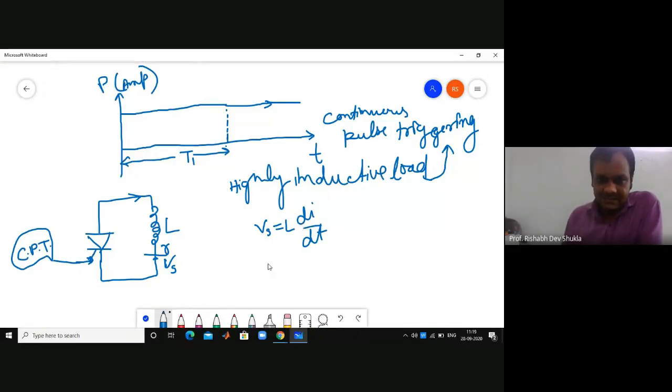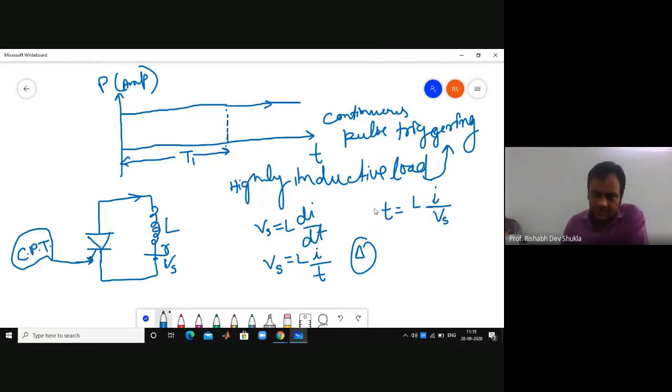For a very small duration of time, let VS be equal to L I by T. So time can be written as inductance into current through the inductor divided by supply voltage.